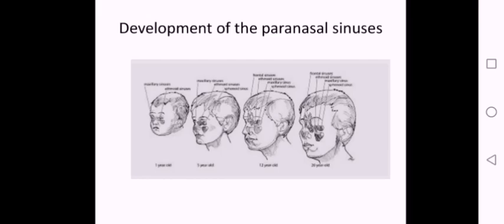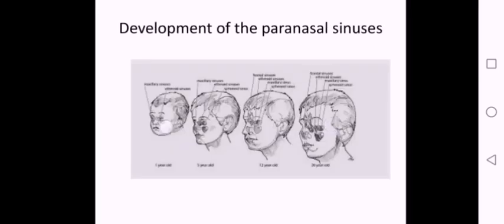All or most of the paranasal sinuses are absent during fetal life. However, in late fetal life, only the maxillary paranasal sinus begins to develop, and after birth we only have the maxillary nasal sinus.